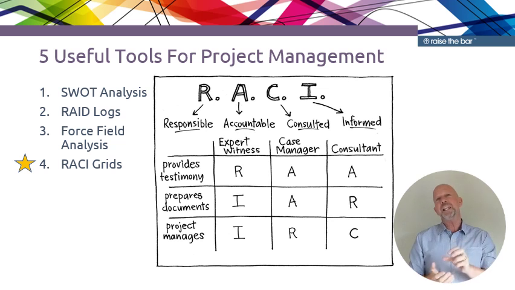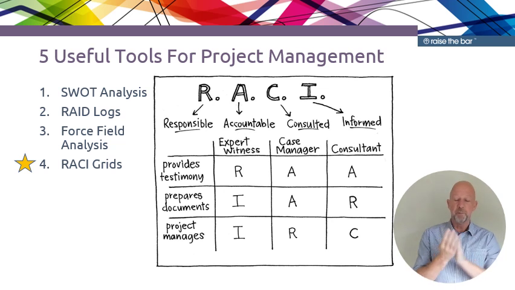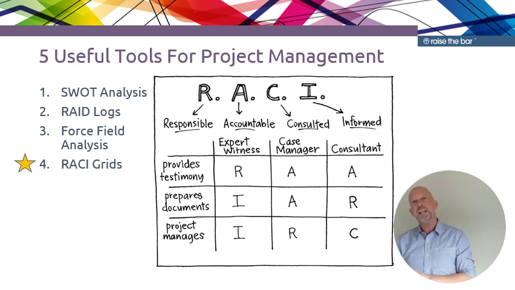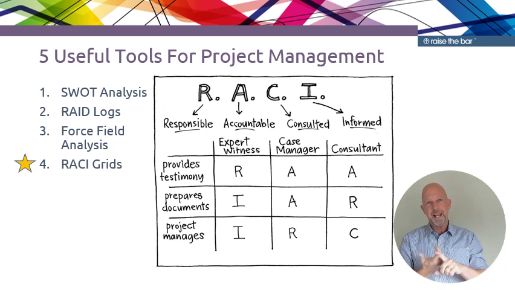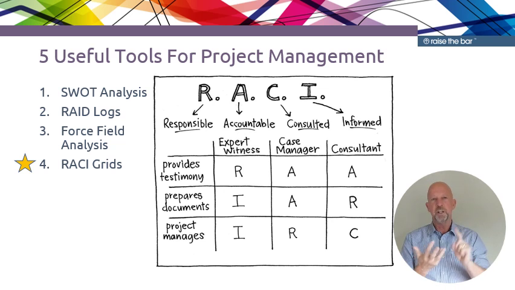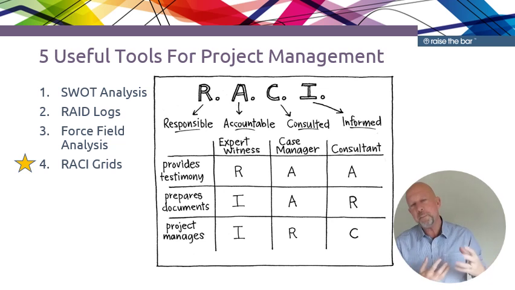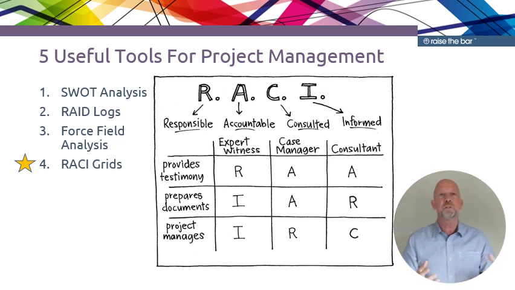Then usually at the planning stage as well, we do the next thing, number 4 on our list, which is the RACI log. RACI stands for responsible, accountable, consulted and informed. And this is the level of commitment that the various stakeholders may have on the project.